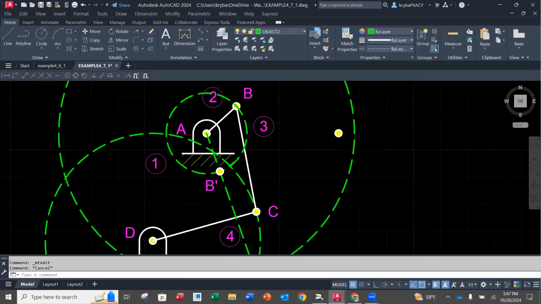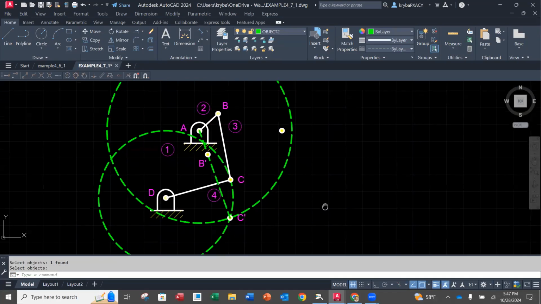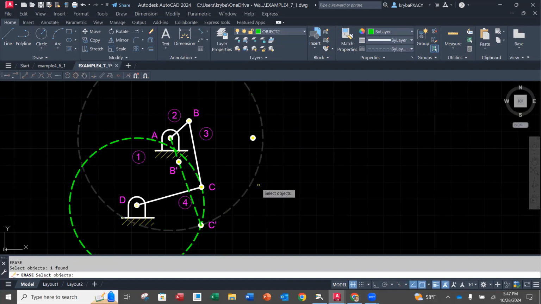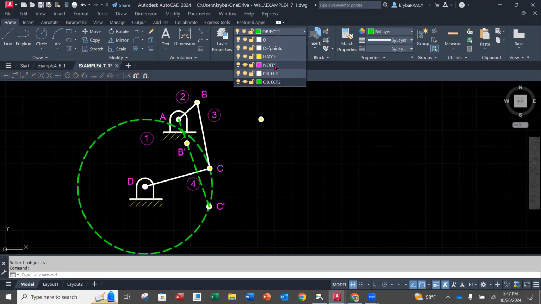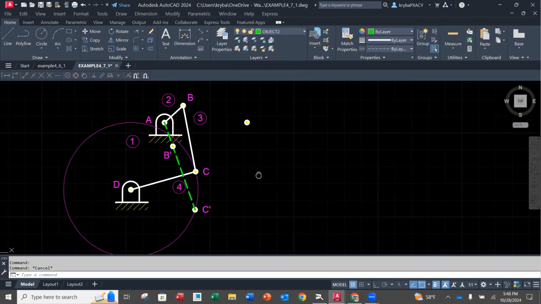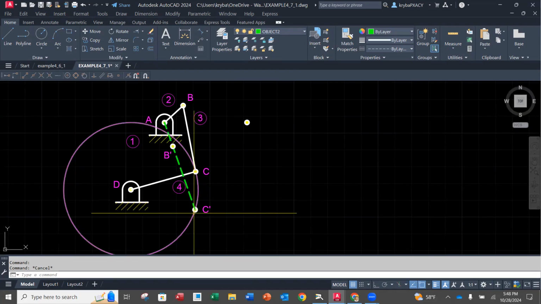I'm going to get rid of this one and that one. I'm going to leave this one in here for right now. I'm actually going to change that to the notes layer just so it's not so big. So this is link number 2, and link number 3. So the endpoints are B prime and C prime.